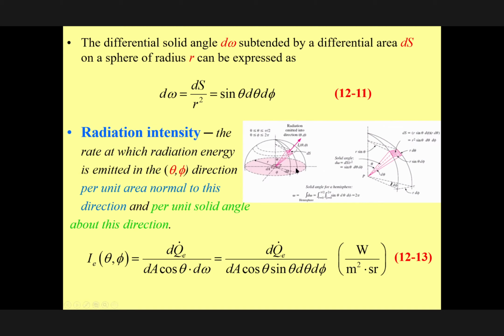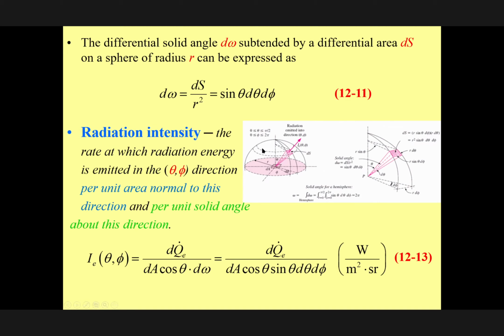If we look at here, this is the surface that you have, energy emitted uniformly in all directions. Therefore, your theta angle goes from 0 to pi over 2 here, and this other angle goes to 2 pi. So these angles cover all directions that you have.